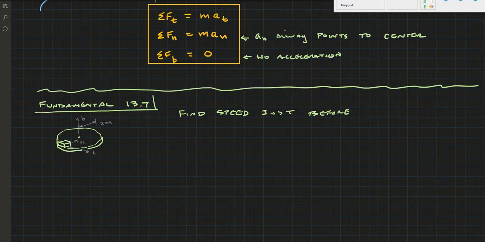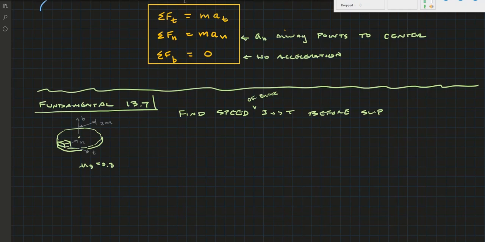So the disk is spinning, and we want to find the speed of the block just before slip. So we need to know what our coefficient of friction is. So currently we have coefficient of static friction going here, and that's 0.3. Okay, so where do we begin?